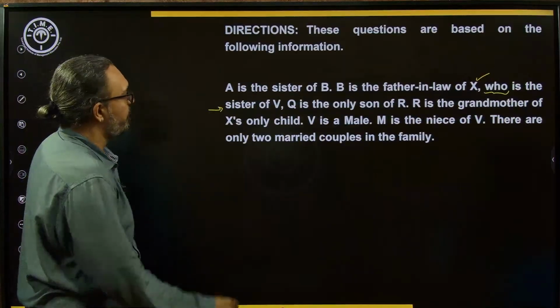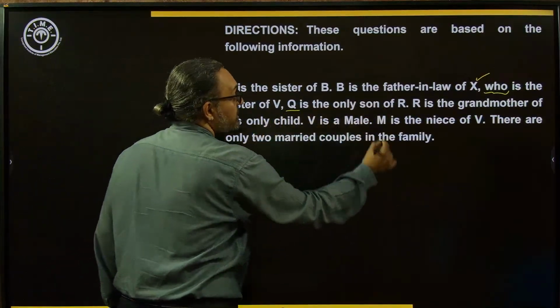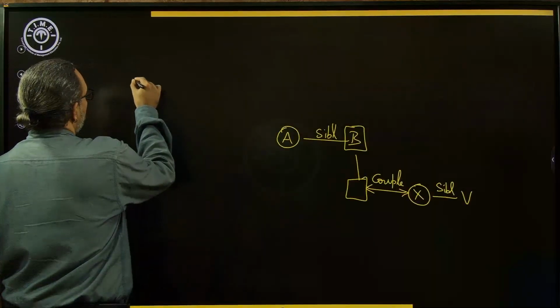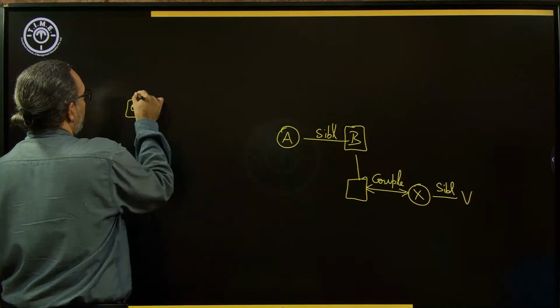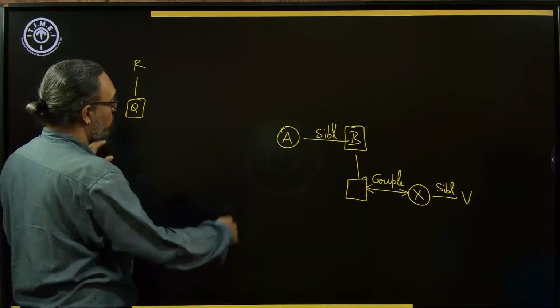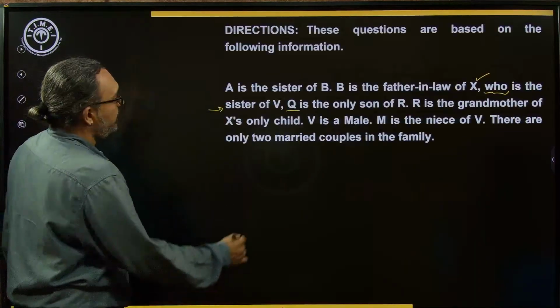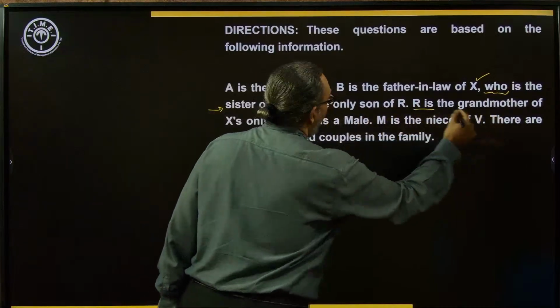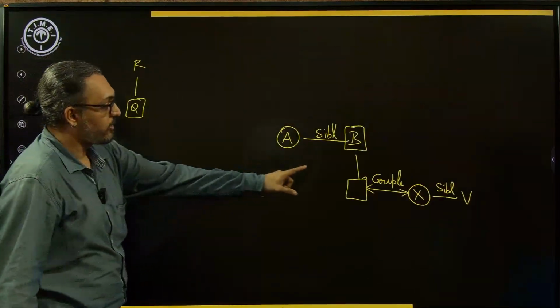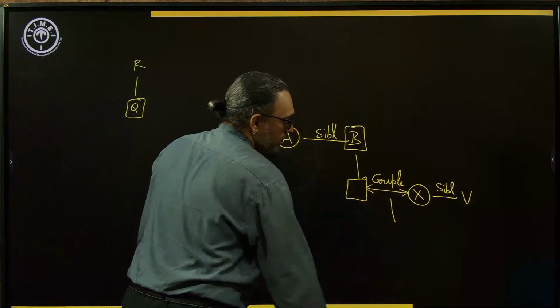Then further, Q is the only son of R. I don't know where that is, we'll come to that. Then R is the grandmother of X's only child. So X should have only one child, correct?